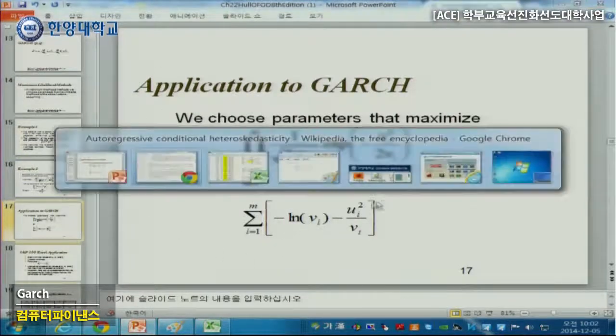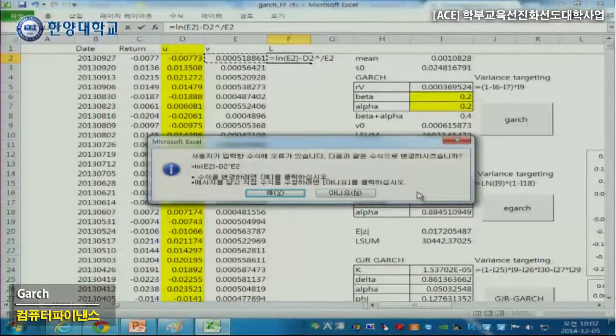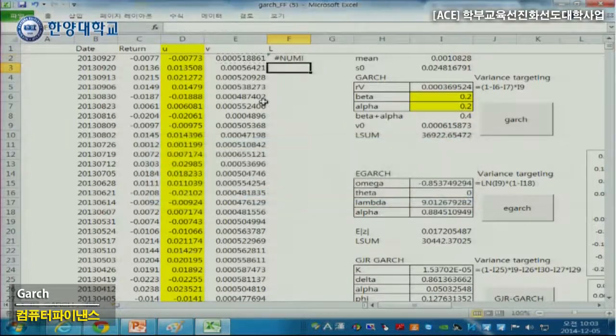We can use this one: ln v minus u square divided by v. This is the likelihood.